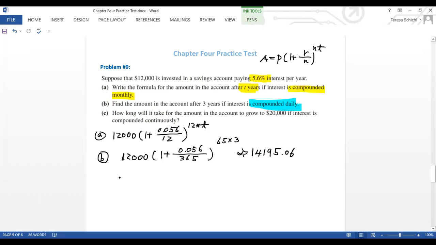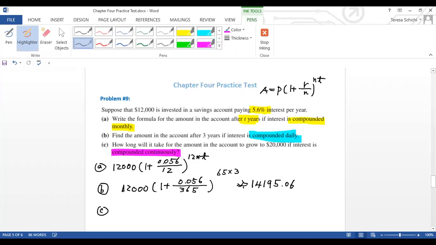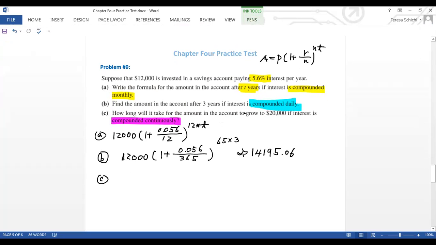Okay, so now part C is here. They say, how long will it take for the amount to grow to 20,000 if the interest is compounded continuously? So what is the formula for compounding continuously? We know the formula is A equals P e to the RT. That's right.